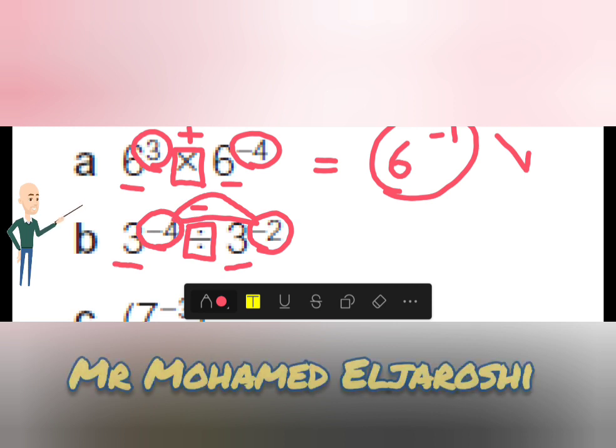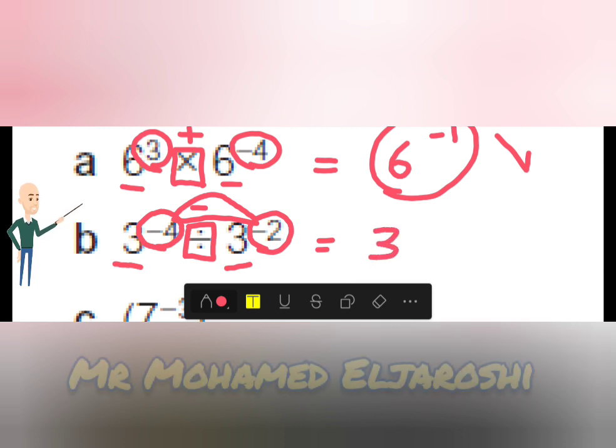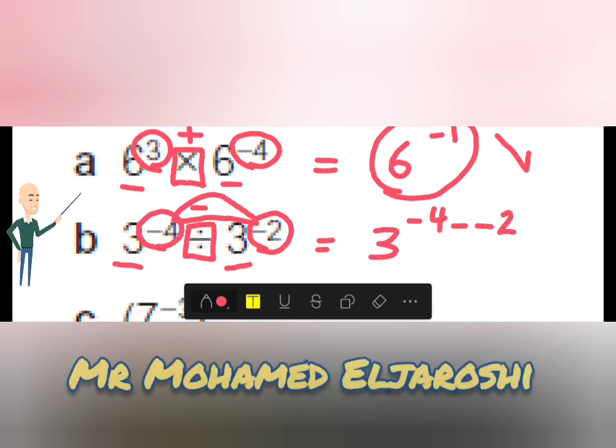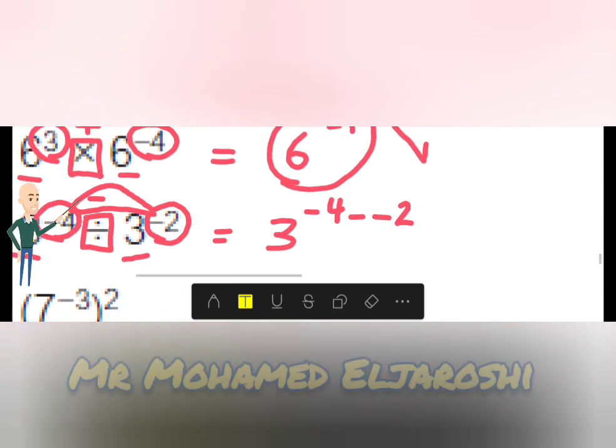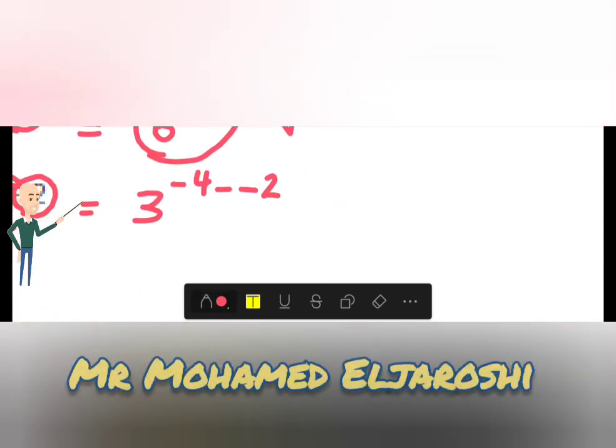Now, first we put the same base number, which is 3, and then we say minus 4 minus 2. So minus 4 minus 2, when you put it in the calculator like this, minus means plus. So this one means plus.